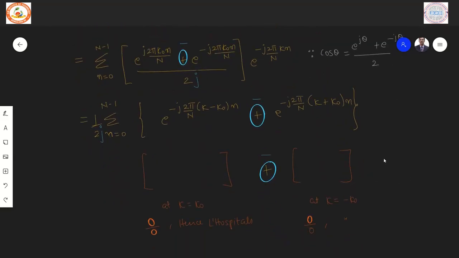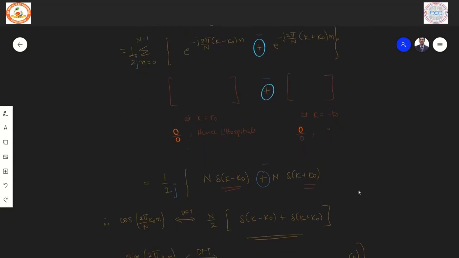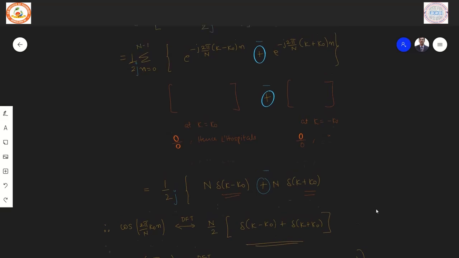Now, as we have learned from the previous problems, the problem cannot be solved directly, but you can treat it to be a finite series in terms of a power of n, and it also results in an indeterminate form when you apply k is equal to k naught and k equals to minus k naught. Therefore, you have to follow the entire steps, and finally you will end up with the answer 1 by 2 times n times delta of k minus k naught plus n times delta of k plus k naught. This is the DFT of cos 2 pi k naught n divided by capital N.